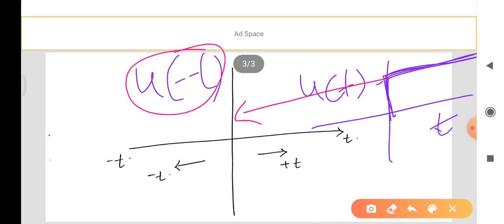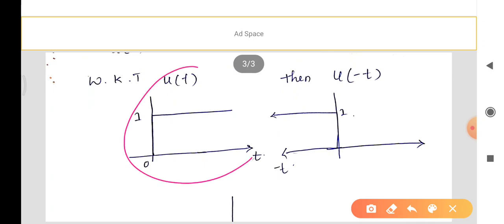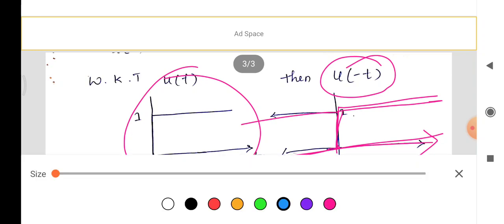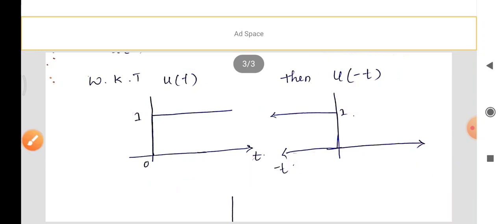Let's take this, it is your u of t. When they ask us to find u of minus t, this is t and this is minus t. So instead of going in this direction, the signal goes in this direction. Remember, u of t and u of minus t are nothing but mirror images.